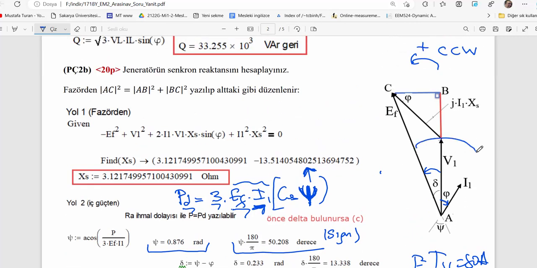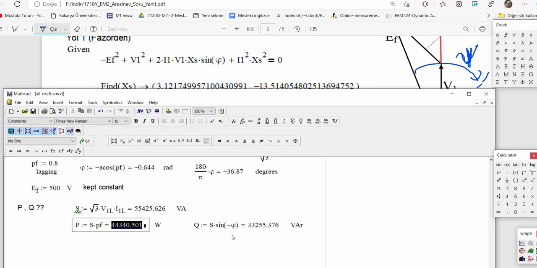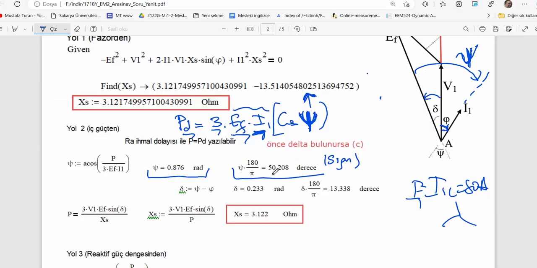So the phase displacement between EMF and current is psi, the inner power angle. So we know the phase displacement for 0.8 power factor. It was 37, something like that. And we have just calculated psi. So that is 50 approximately. That is 37 approximately. So this delta is 13 degrees.